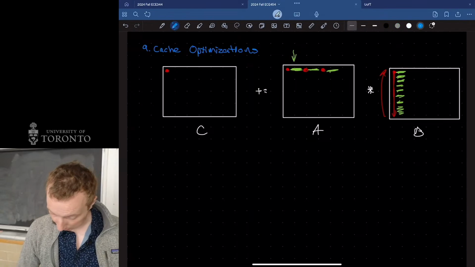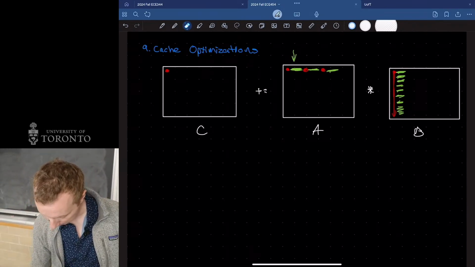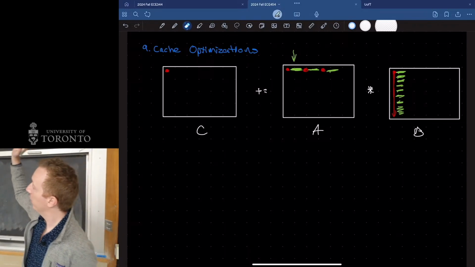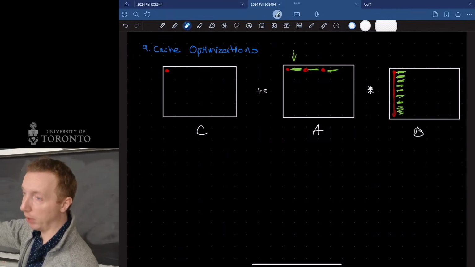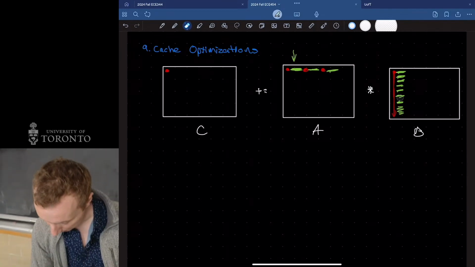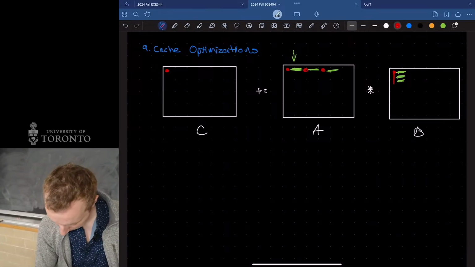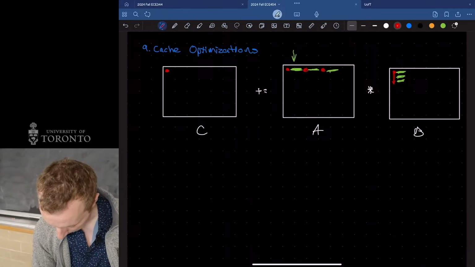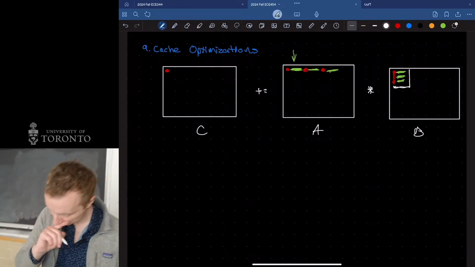If I want to make sure that it has those entries in it, that's where the tiling comes in. So instead of accessing every column and having it wasted and kicked out of cache by the time I get back, the idea of blocking is I instead let it get to maybe here, whatever I can fit in the cache line, and I just stop there.